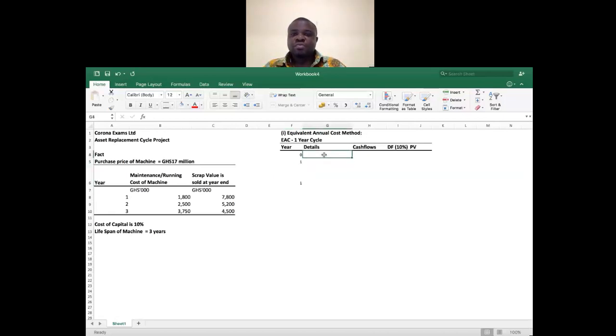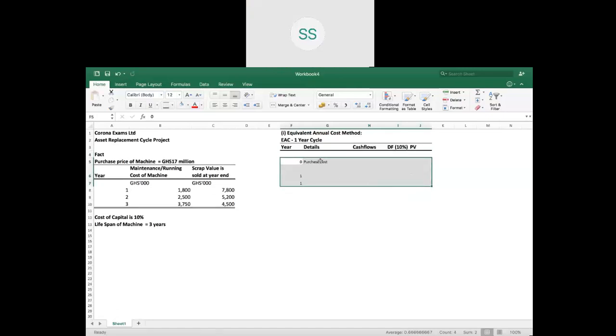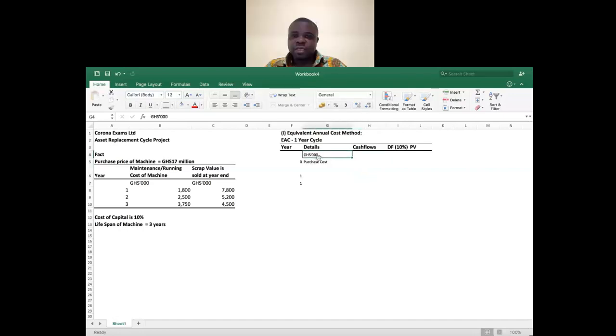Under details, we have the purchase price or purchase cost. How much is the machine going for? The purchase price is 17 million.